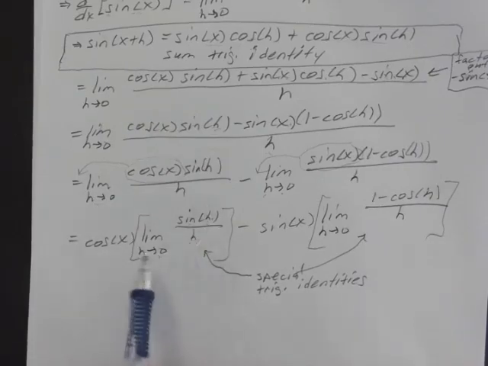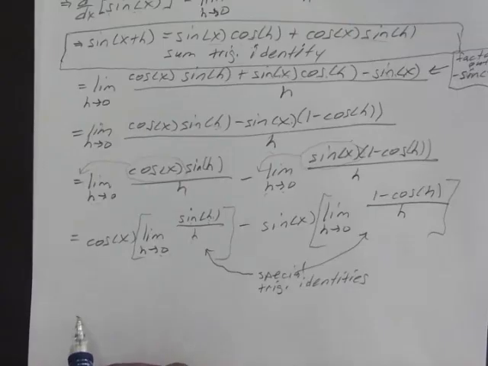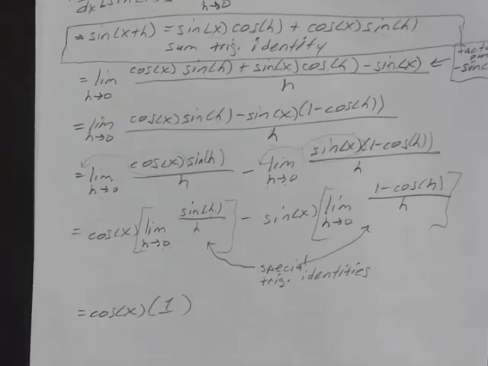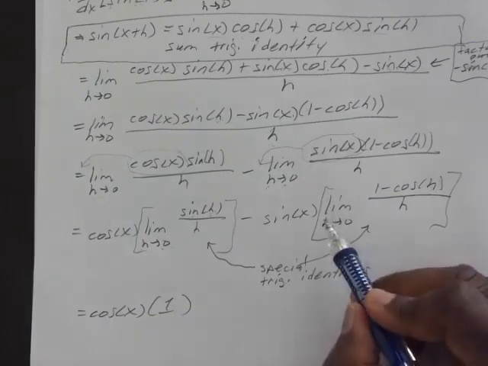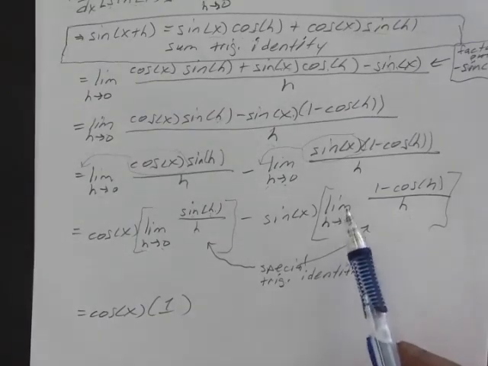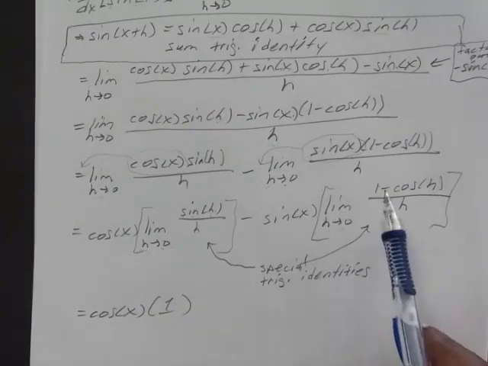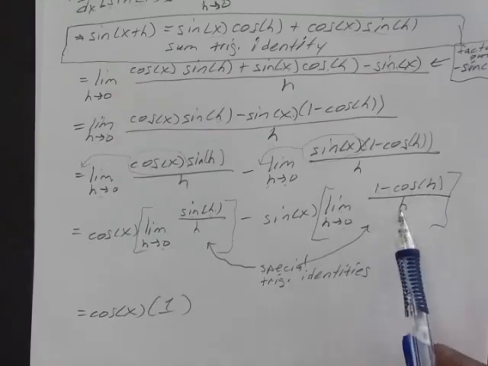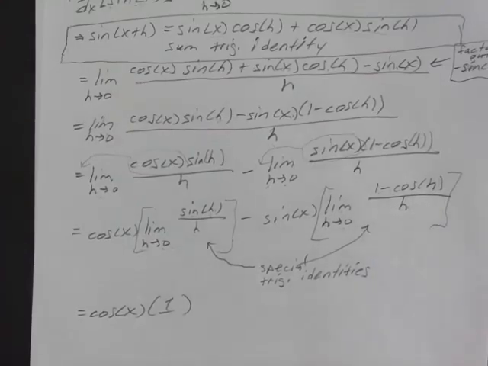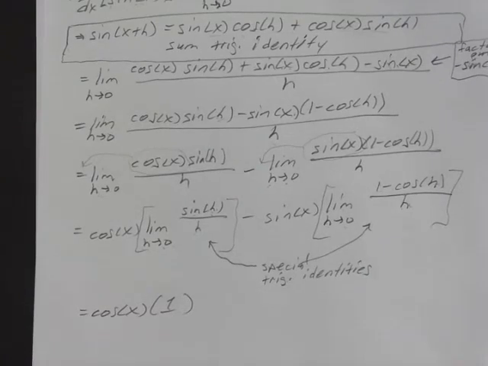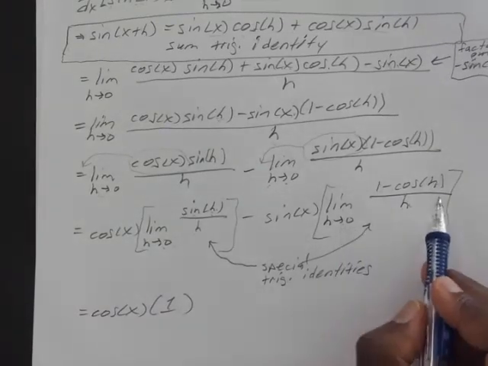But in this case, the only thing changed is the h. So that's still just cosine of x times 1. The other special trig limit was the limit as x approaches 0 of 1 minus cosine of x divided by x, but all we did was change x to h. Same thing applies. So we know that limit is equal to 0.